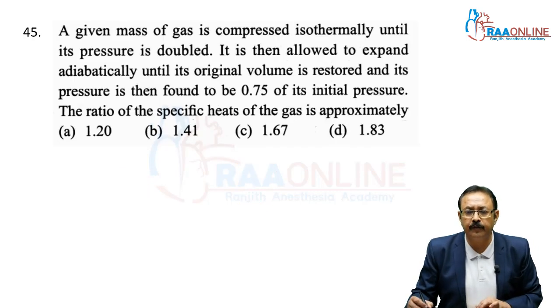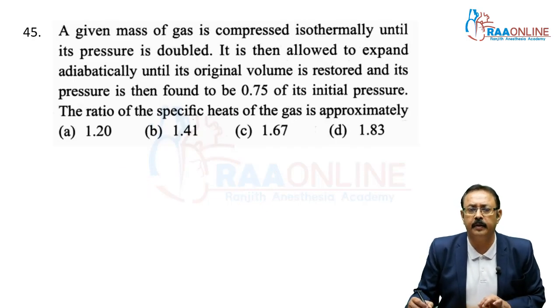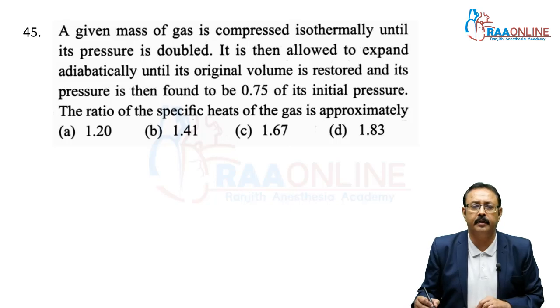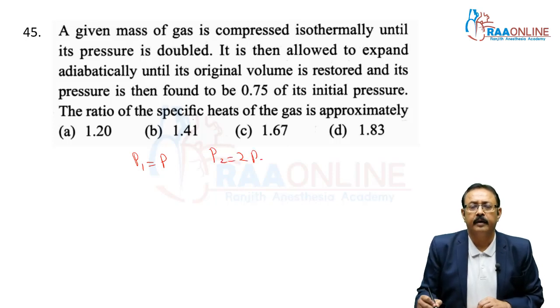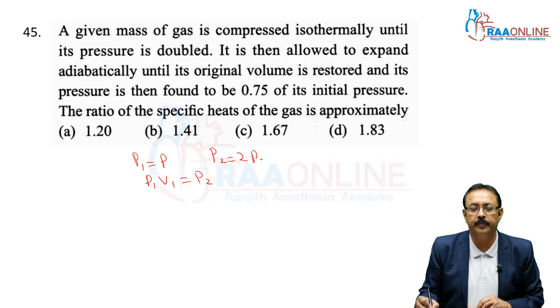A given mass of gas is compressed isothermally until its pressure is doubled. Isothermally, initial pressure is P, final pressure is 2P. Isothermal means P1 V1 should be equal to P2 V2.